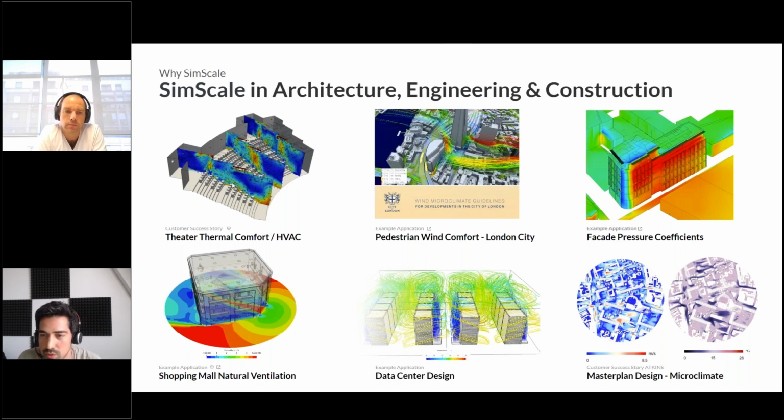For example, on the top right, we see a study where we assess the natural ventilation capacity of a building, taking into account the surroundings and how that might affect the pressure on the facade and how much natural ventilation strategies can work on a specific building design.